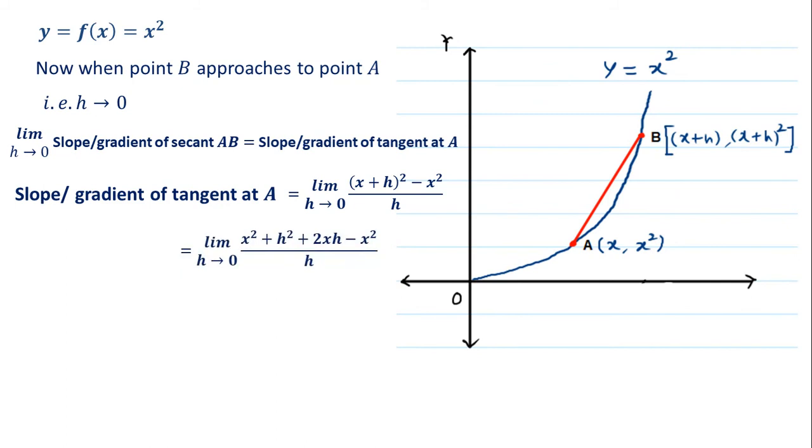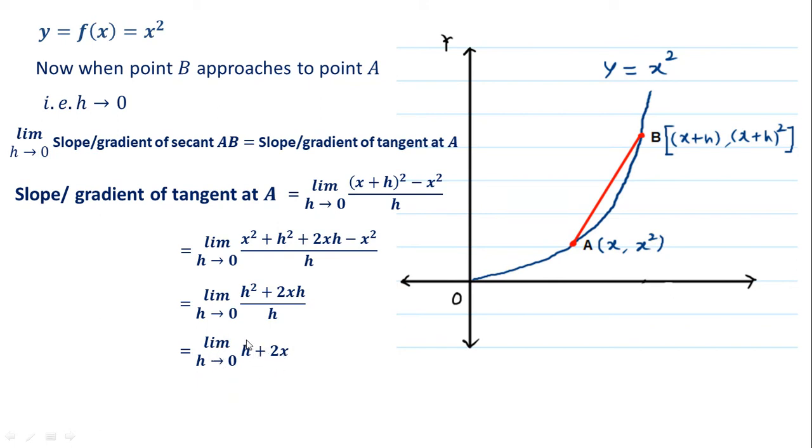Now after solving this, just see the expansion here: x square plus h square plus 2xh minus x square, then we get limit h tends to 0, h square plus 2xh upon h. See this carefully, and hence we get limit h tends to 0, h plus 2x.